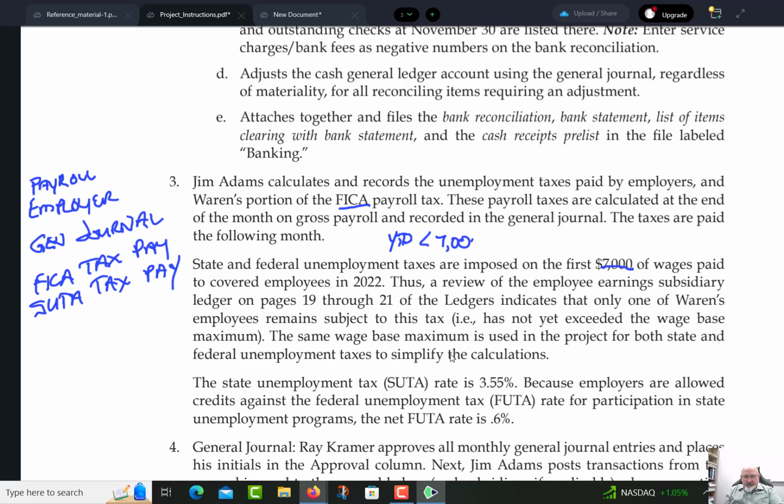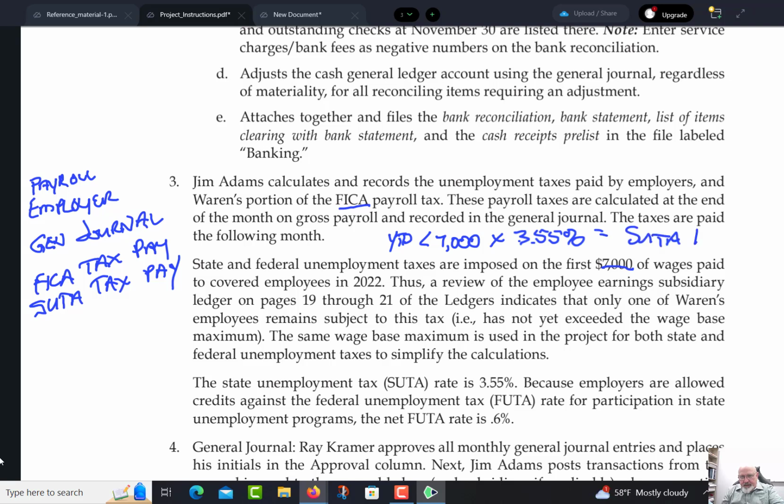So we take whatever that number is times this... no, wait a minute. Let me do this over. That was getting all muddled. So we take the 7,000 times the 3.55%, and that gives us the SUTA payable.